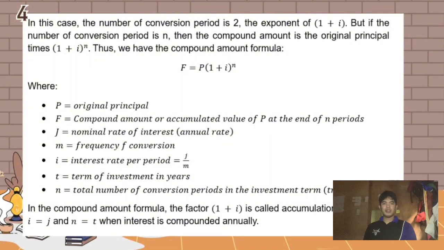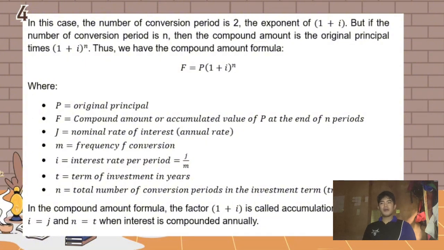M is the frequency of conversion. I is the interest rate per period or J over M. T is the term of investment in years, and N is the total number of conversion periods in the investment term or T times M.